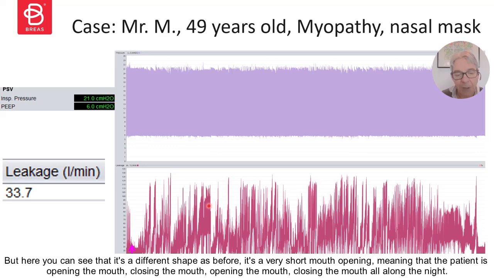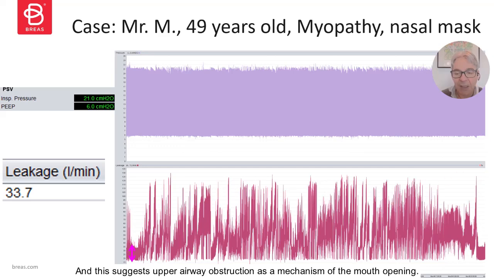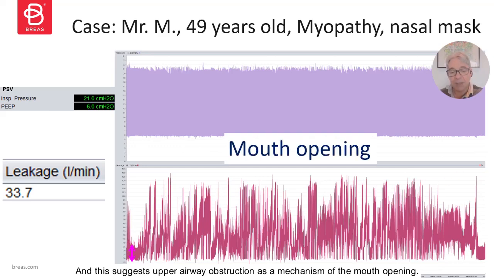But here you can see that it's a different shape as before. It's a very short mouth opening, meaning that the patient is opening the mouth, closing the mouth, opening the mouth, closing the mouth all along the night. And this suggests upper airway obstruction as a mechanism of the mouth opening.